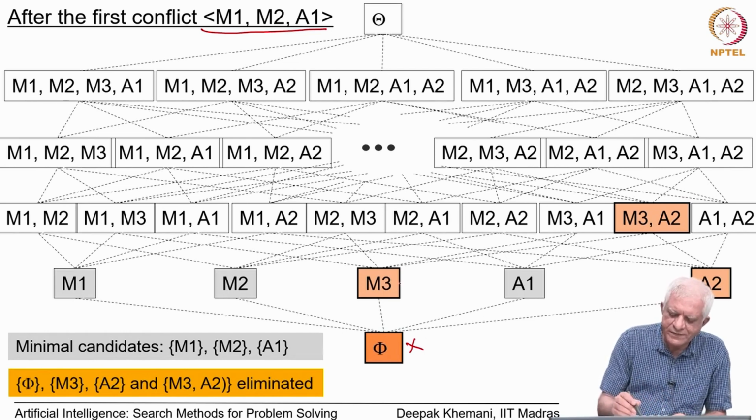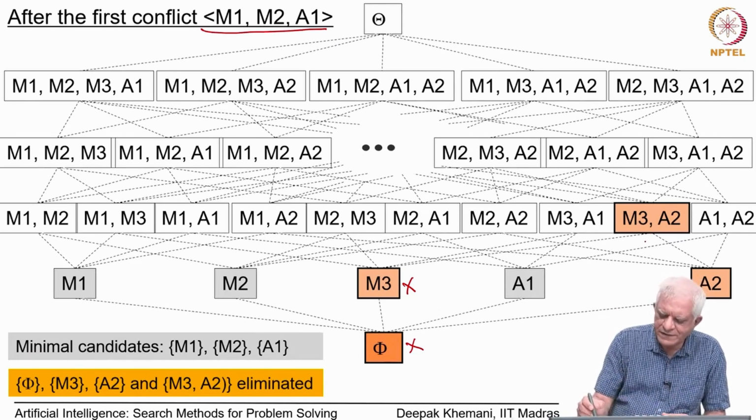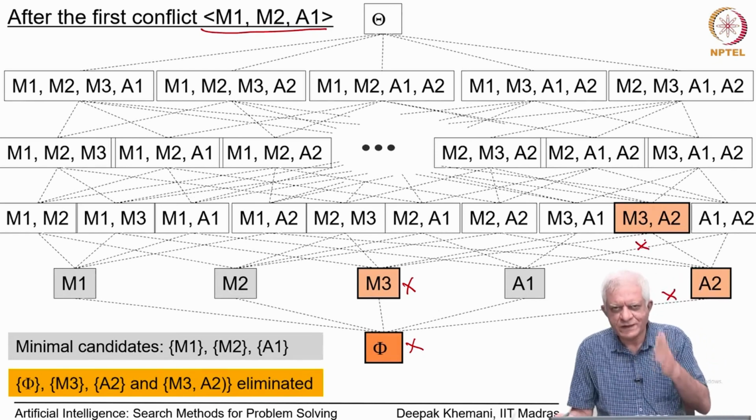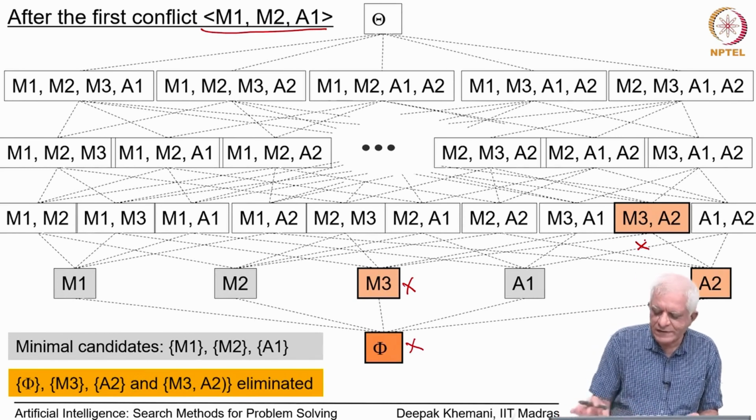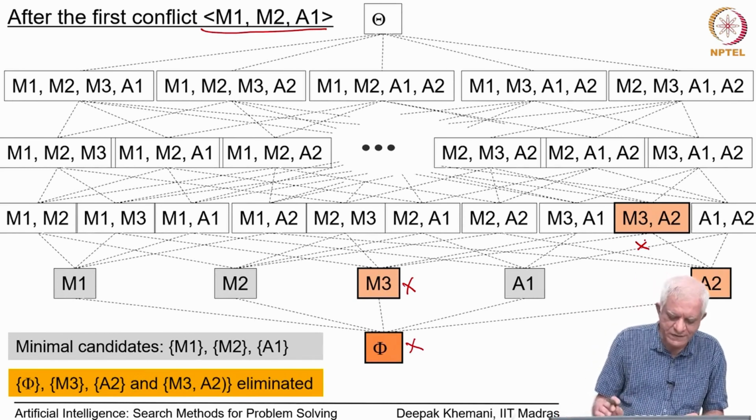We can also say that this single hypothesis that only M3 has gone is also exonerated. Likewise, only A2 going bad does not explain why A1 was showing 10. And for a similar reason, you can't say that both A2 and M3 are gone, because that still does not explain why you were seeing 10 at A1. So, these things in this pink color are exonerated.